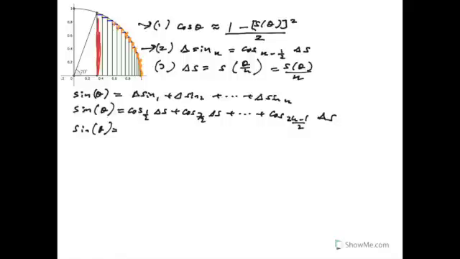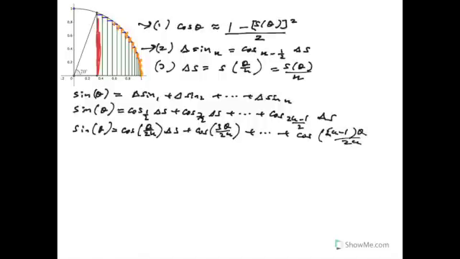Now using formula number 1, actually, before I do that, let me just remind you that cosine 1/2 is actually shorthand for cosine theta over 2n. And cosine 3/2 is really a shorthand for this. Now, we can do a couple of things here. We can factor out the delta s.